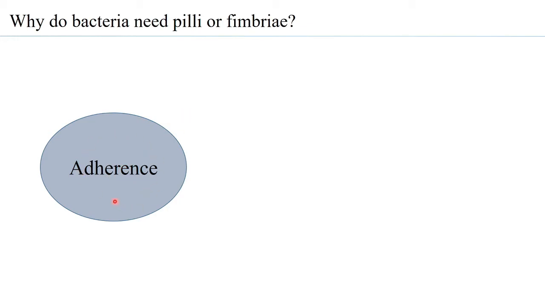The bacteria can adhere to other surfaces, which could be polythene, aluminum, organic material, cells, or anything. It can basically help adherence. So this is one important characteristic of the pili or the fimbriae.